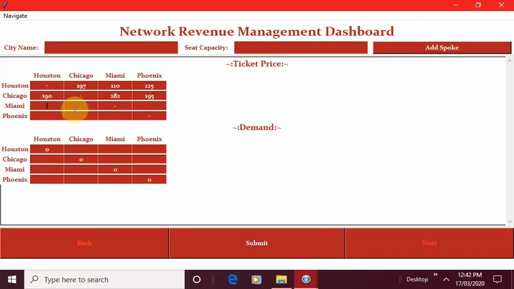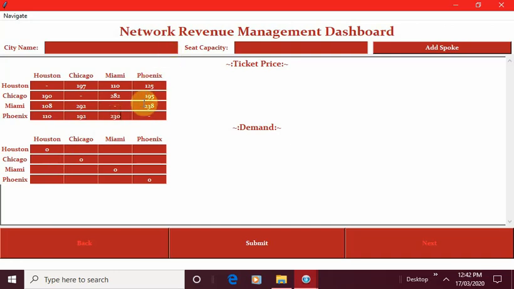Miami, Houston 108, 292, and here we enter 238, here we enter 110, 192, and here we'll enter 230.